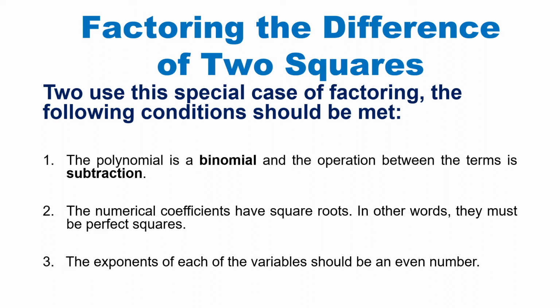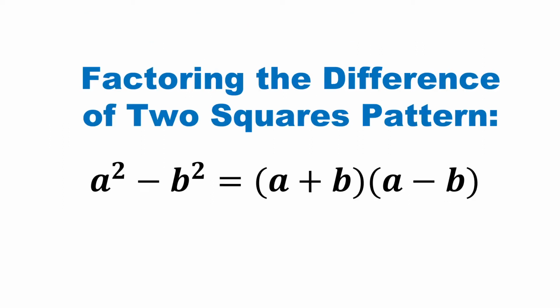Now, if the conditions are met, we can use the pattern for factoring the difference of two squares: a plus b times a minus b. Now, a squared is the first term of our given polynomial, and b squared is our last term.